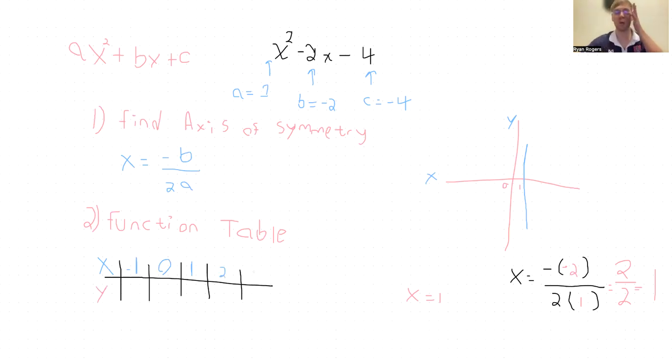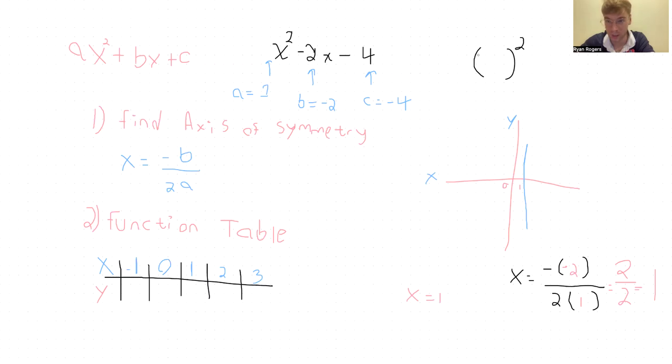Now what we do is we put our x values back into the original equation. So I'm going to write off to the side, not x squared, but I'm going to write a number in there, -2.